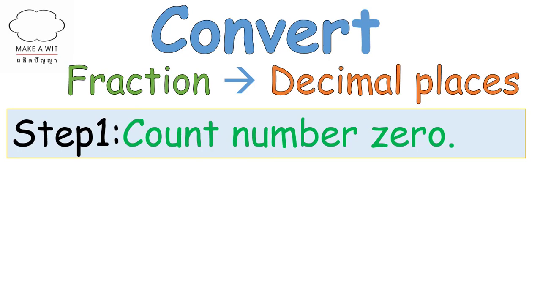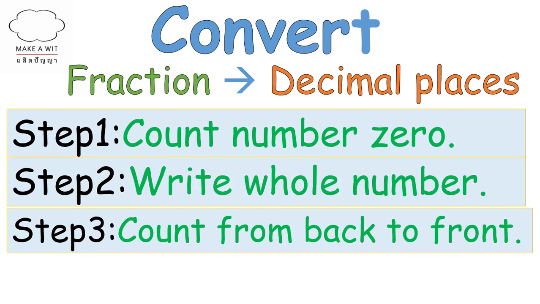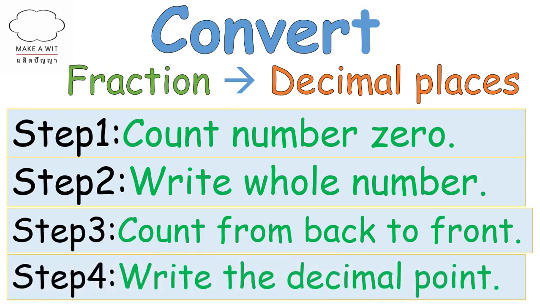Step 1, count the zeros. Step 2, write the whole number. Step 3, count from back to front. Step 4, write the decimal point.